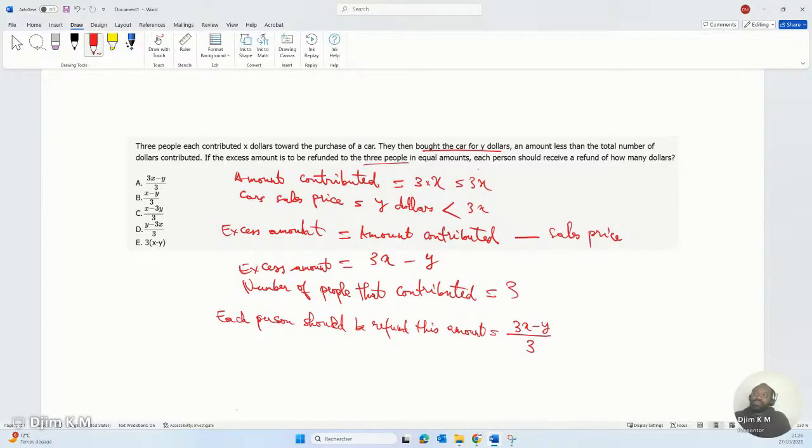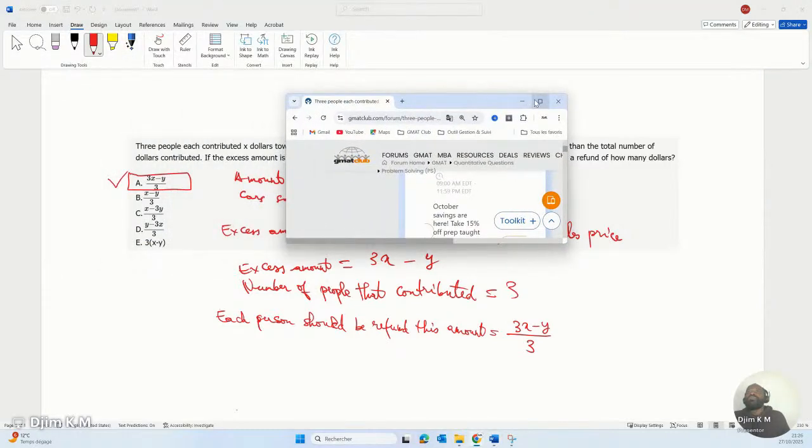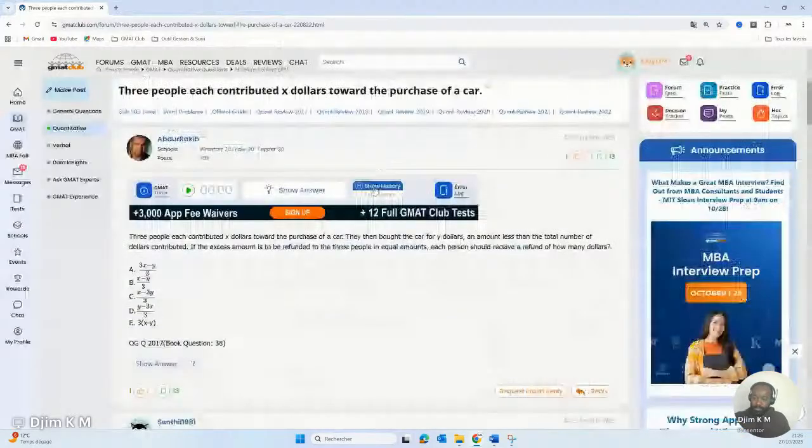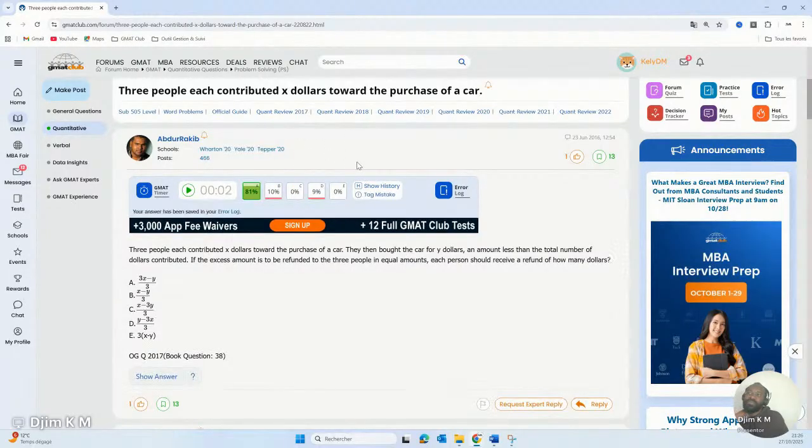So this looks like the answer. So let's check. Answer A is the correct one.